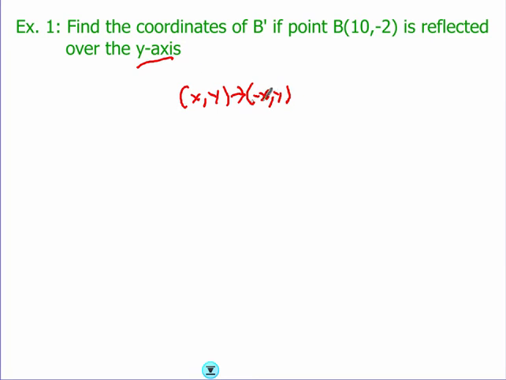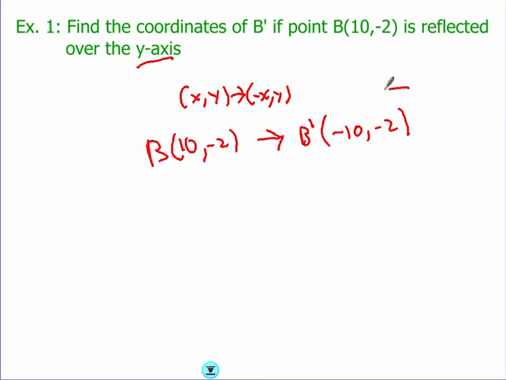Since it's going over the y, the x changes. So if B is at (10, negative 2), then I'm going to have B prime at (negative 10, negative 2). That is our answer. Okay, let's take a look at another example.